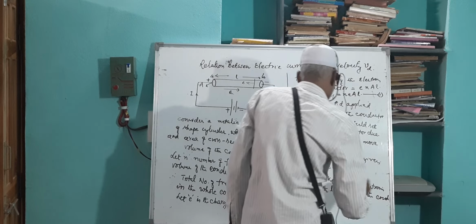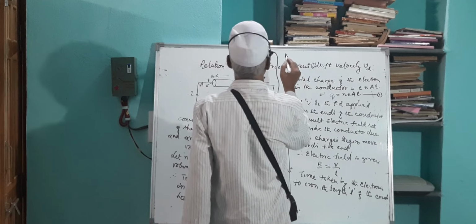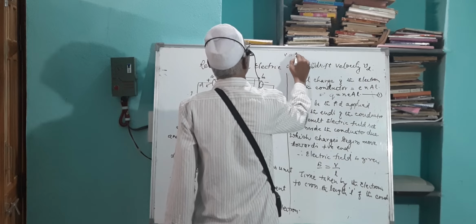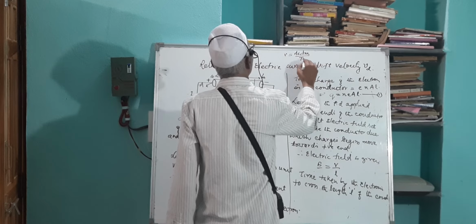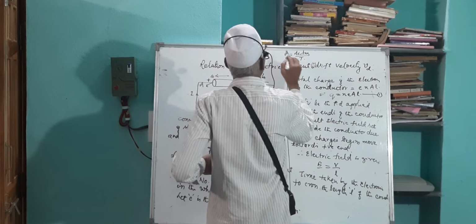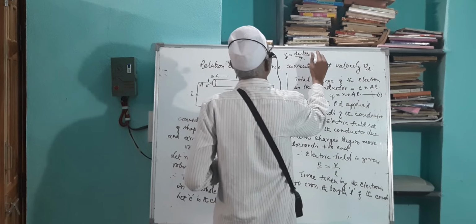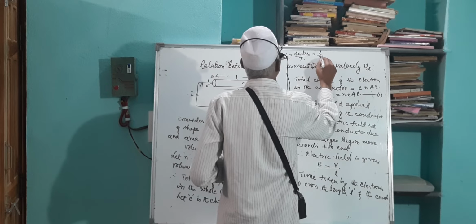You know the definition of velocity: velocity is equal to distance upon time. Here Vd represents the drift velocity and tau represents time. Distance is nothing but L, so Vd = L upon tau.